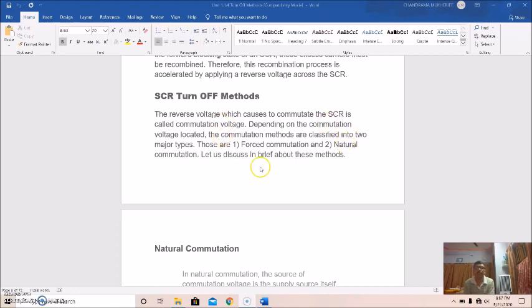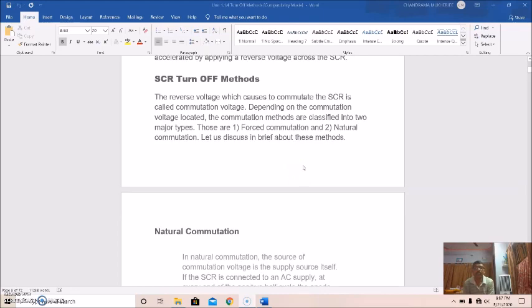Depending on the commutation voltage location, the commutation methods are classified into two major types: one is forced commutation and another is natural commutation. So let us discuss what is forced commutation and what is natural commutation.